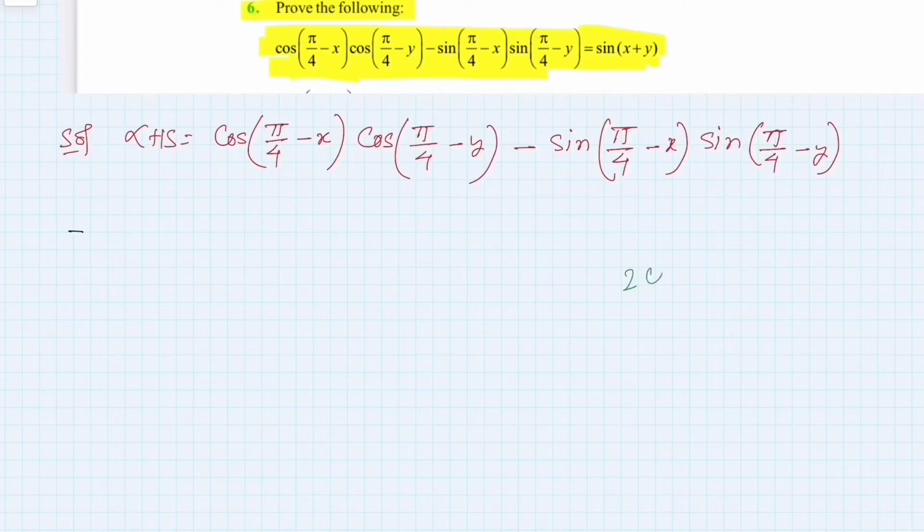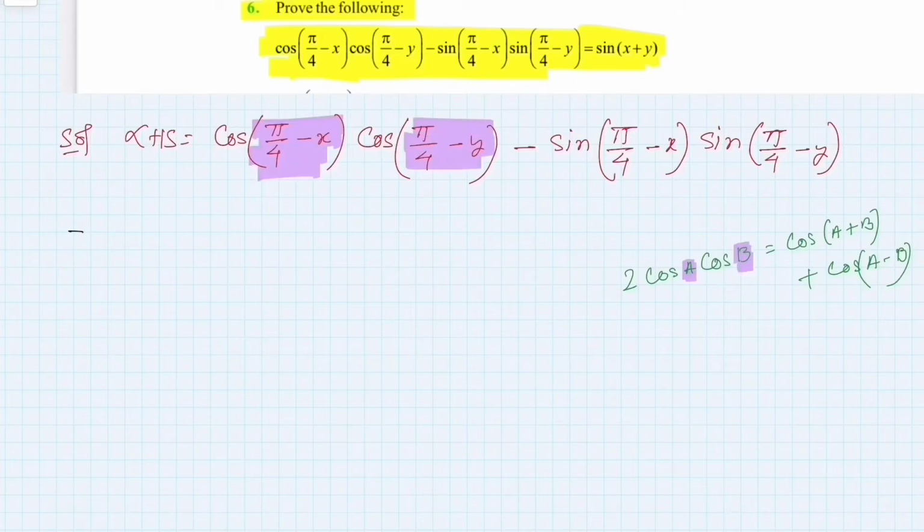First, 2 cos A cos B is equal to cos(A plus B) plus cos(A minus B). So we are going to apply this. In order to apply this, consider A as this part and B as this.